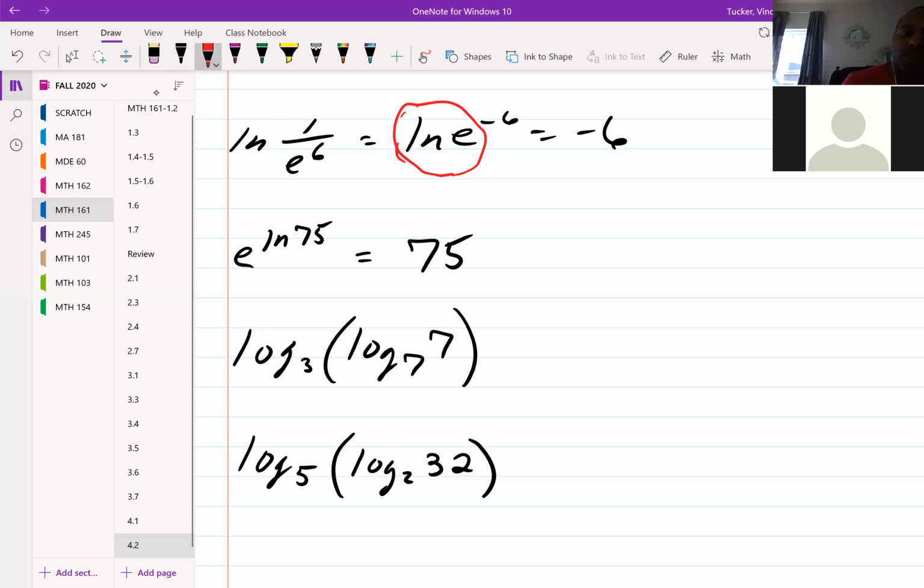So of course you do what's inside of your parentheses first. Log base 7 of 7 is just going to be 1. And then log base 3 of 1 is just 0. Any log applied to 1 is 0.